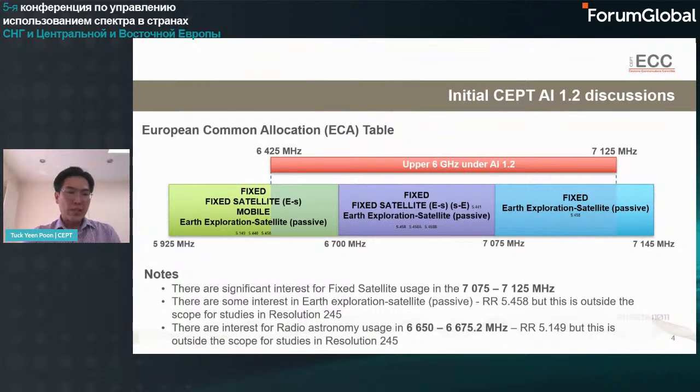The next slide is the European Common Allocation Table, which is very similar to the Radio Regulations. The one slightly different thing is that the EESS passive is quite prominent, showing there is interest in Europe for this service.